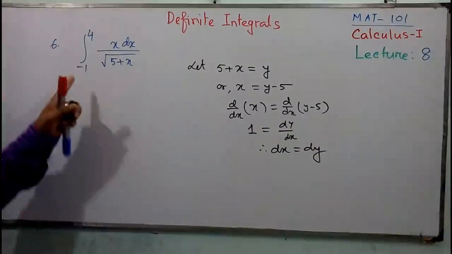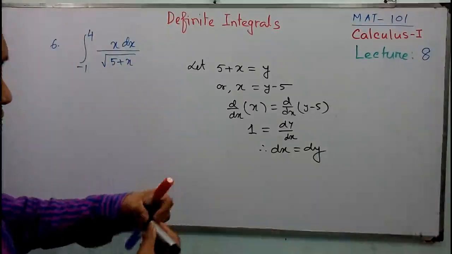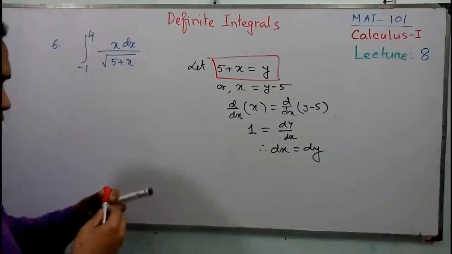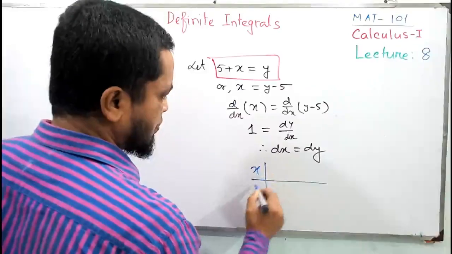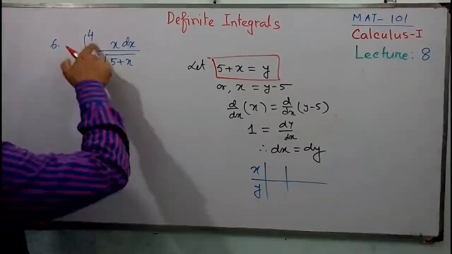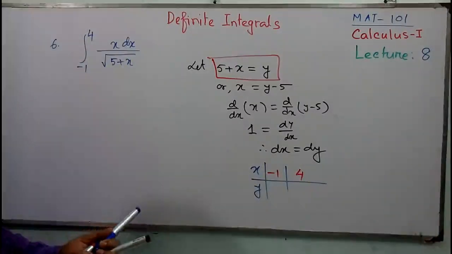Now we need to change the limits of x to y. আগের প্রবলেমে আমরা দেখিয়েছি, যেমন x to y, the value of x is minus 1 to 4. What are the values of y?